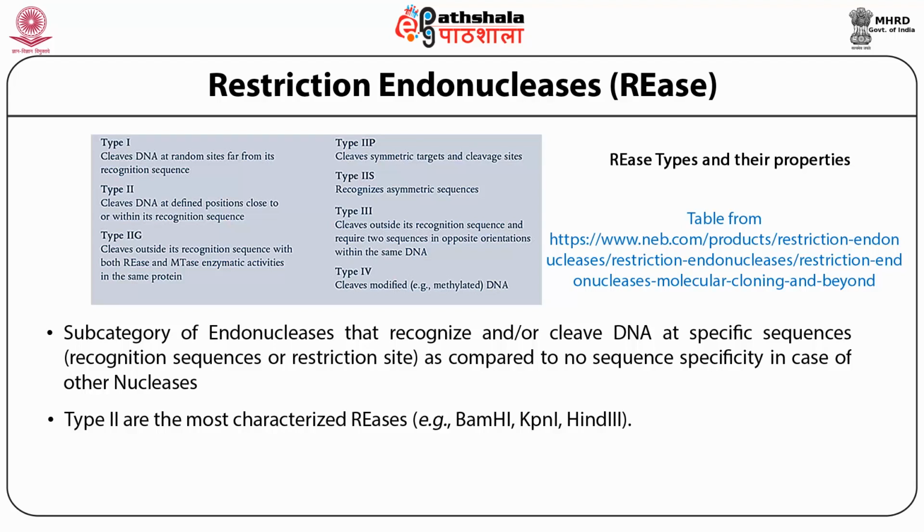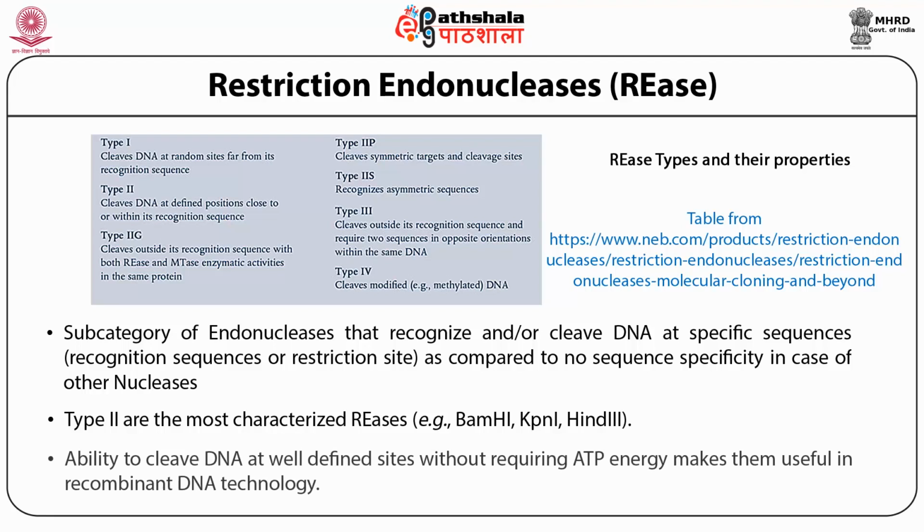Here I would like to draw your attention to that type 2 are the most characterized restriction endonucleases. You may be aware of BamHI, KpnI, HindIII, and the ability to cleave DNA at well-defined sites without requiring ATP energy makes them very useful in recombinant DNA technology.